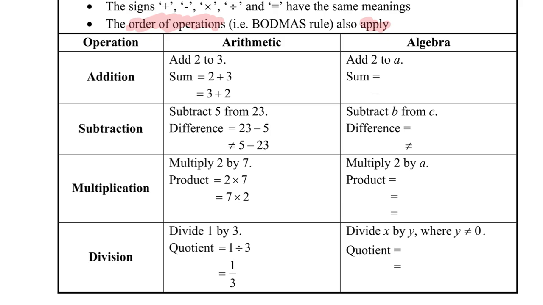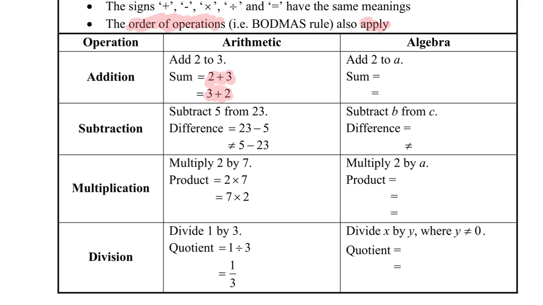For addition, when we perform the arithmetic, add 2 to 3, we can write it as 2 plus 3 or 3 plus 2. They have the same value, meaning they are equal to each other. 2 plus 3 is 5, 3 plus 2 is 5.